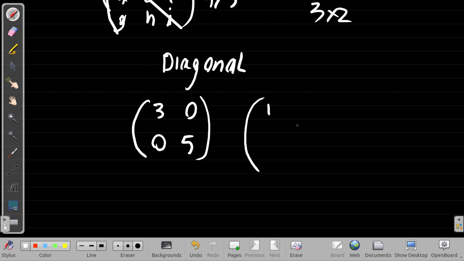You have 1, 5, 7, with 0, 0, 0, 0, 0, 0 elsewhere. Diagonal matrix. So you see that?